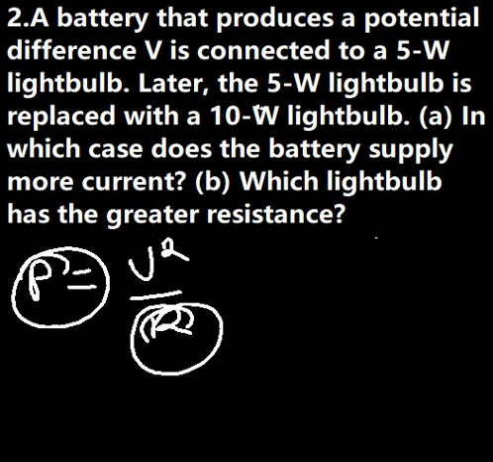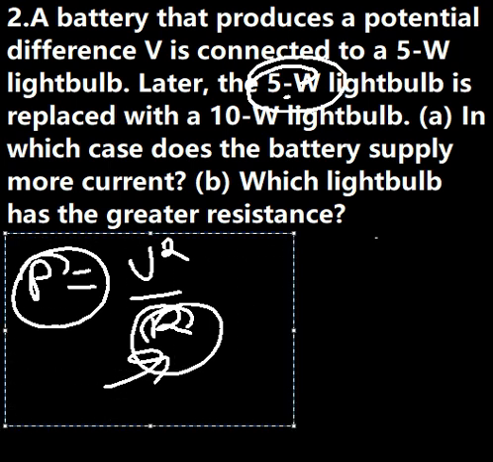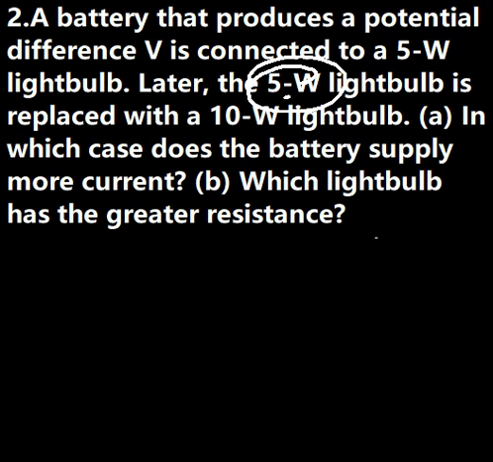So in that case, the bulb with the less power means the resistance is high. The bulb with more power means the resistance is low. So in that case, the light bulb with the 5 watts will be the one with greater resistance. So take note of that. And what if you have this question?